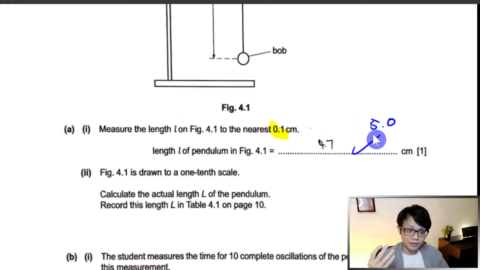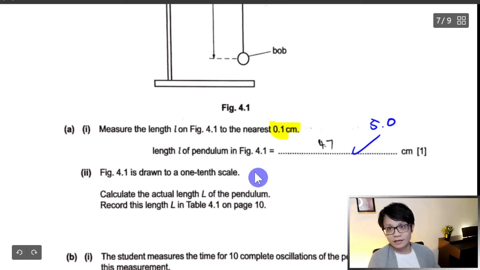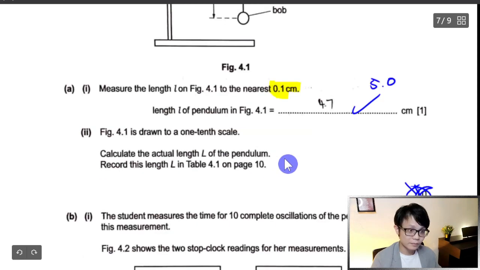It cannot be 5, then you get it wrong. So it's a trick question. Since it's 5.0, I can imagine many students write 5 and get this wrong. It needs to be 1 decimal point, like in mathematics when they ask you to give your answer to 1 decimal point but you give 0 decimal points, your answer is still wrong because it does not follow the instruction of the question.